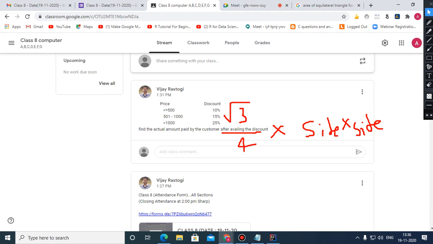And if 501 to 1,000, discount is this, otherwise this. So you have to enter the price and calculate the discount. And after that, you have to subtract the discount because the actual amount will be the amount given minus discount. Got it? So apply the formula and calculate. It is if and else if again. But it is not menu driven, it is a simple question. So all of you can do this also, no issues.